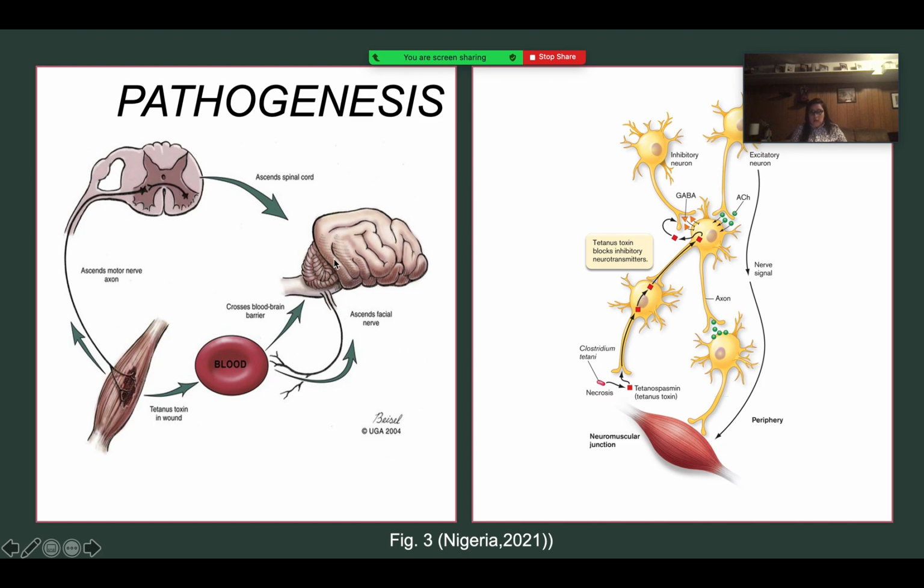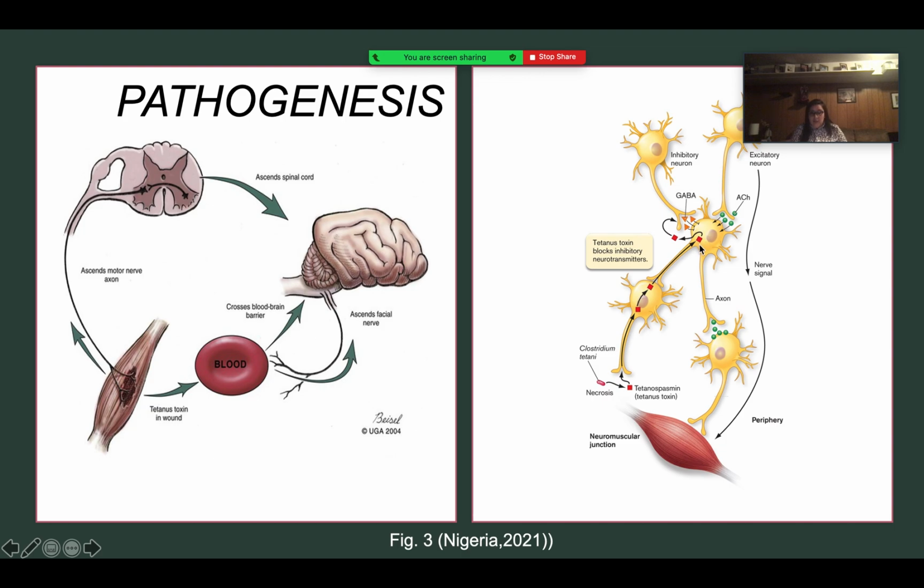Once in the spinal cord, in the second image, the spores are going to develop into a vegetative form of the bacilli, which produces and releases a neurotropic exotoxin called tetanus toxin. It is transported with blood and lymph and taken up via endocytosis by the axons of the nerve cells.